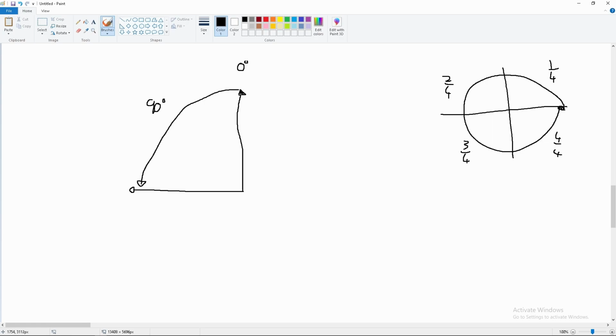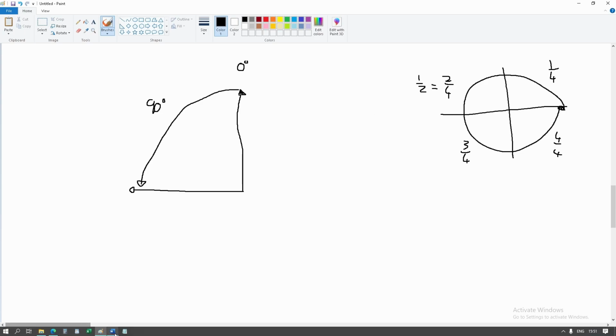So if you would turn 90 degrees only, this would be a quarter turn. This would be a half turn, because if you were to simplify this fraction, you would have half. So two quarters actually means a half.